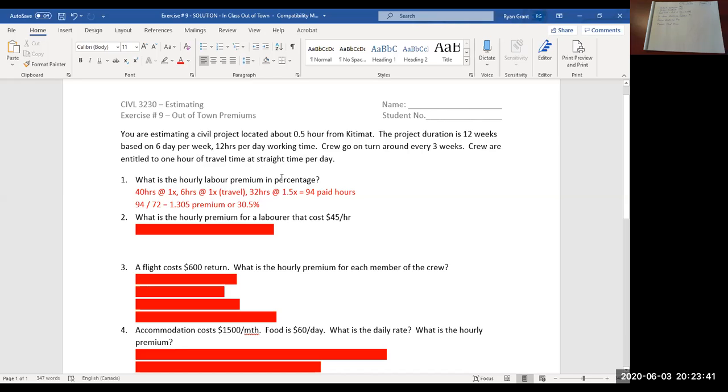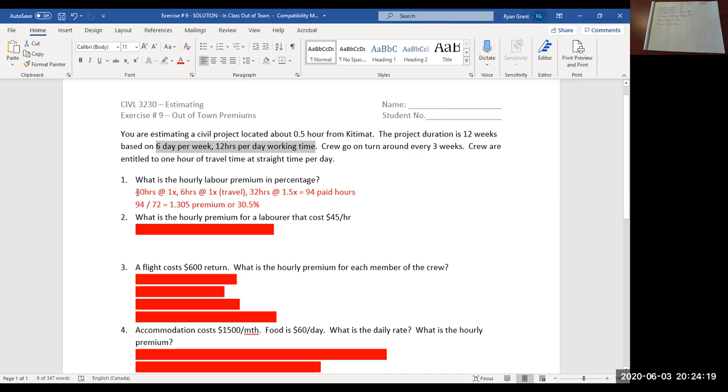So 32 hours, where does that come from? If we first look at how many hours per week the crew is working: the crew will work 6 days per week, 12 hours per day. So 6 times 12 is 72 hours per week. We know from earlier in the course that up to and including 40 hours a week is straight time.